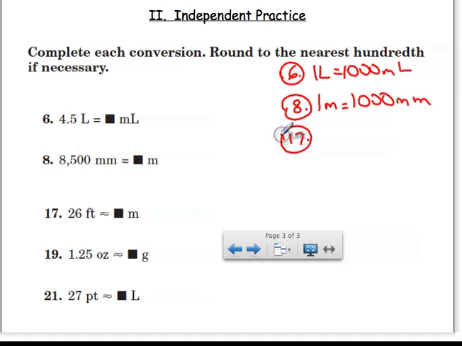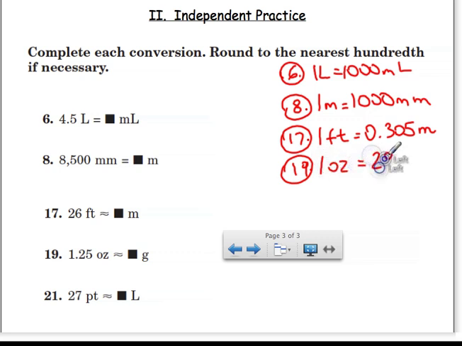For number 17, that 1 foot is the same thing as 0.305 meters. For number 19, that 1 ounce is the same thing as 28.35 grams.